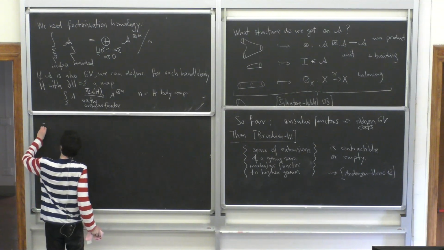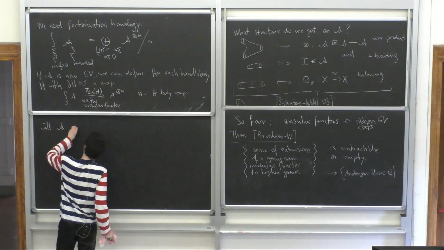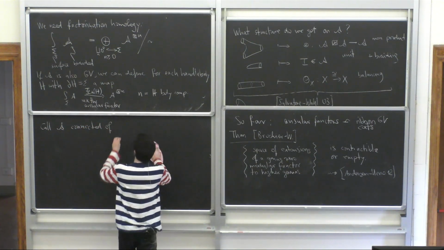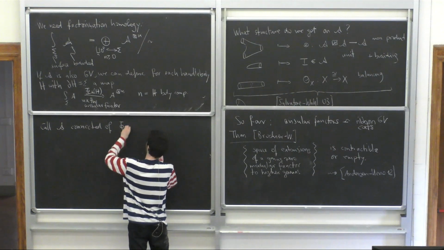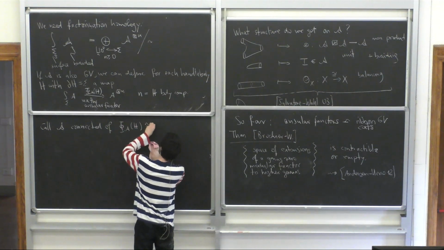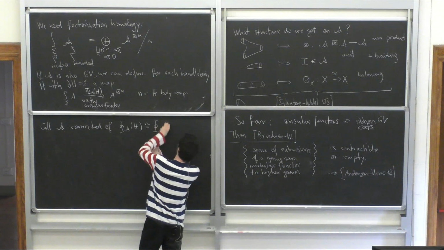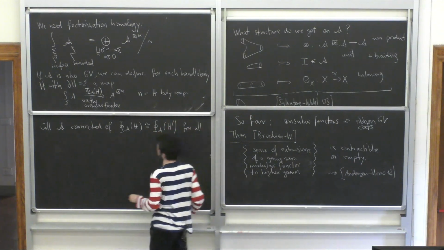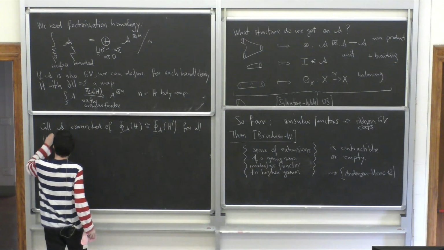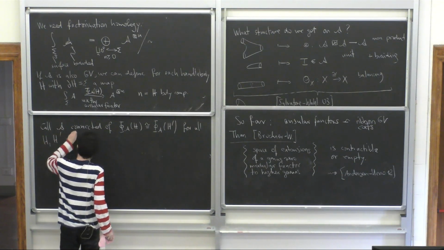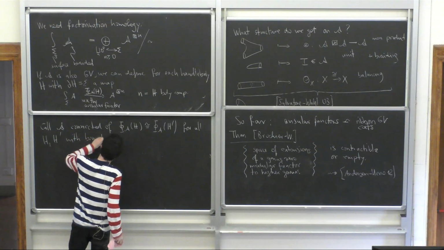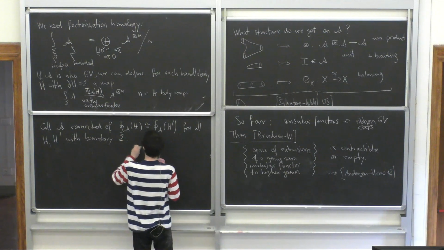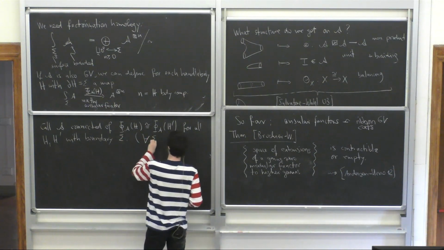Now we call A connected if all of these maps are isomorphic for different handle bodies with boundary sigma, and this is for all surfaces.